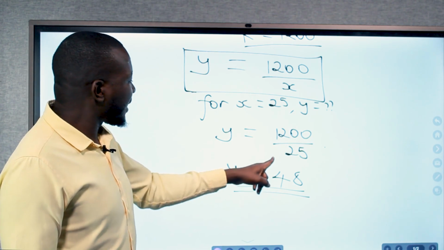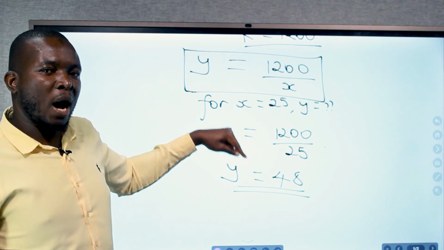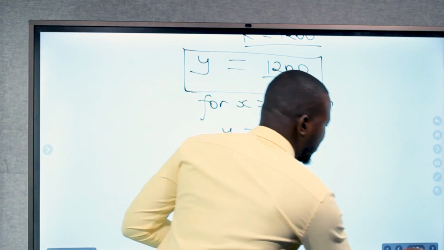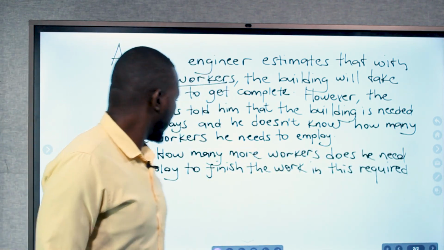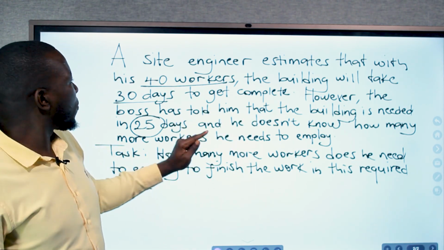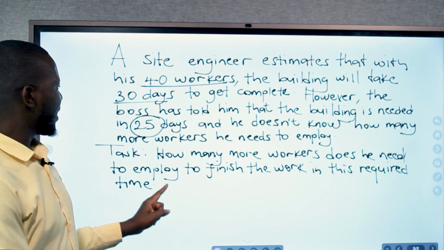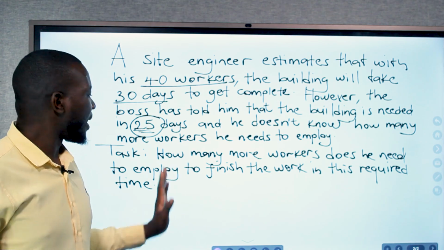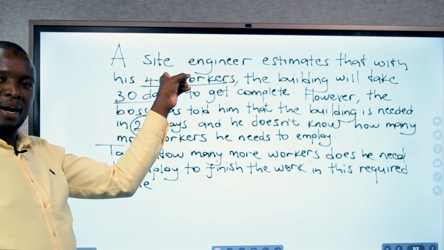But remember, y is the number of workers needed to complete the work. So it means that 48 workers will complete this job in 25 days. But the question wanted to know how many more workers he needs to employ to finish the work. Remember, he is already having the 40, but these 40 are not going to be enough according to the number of days that the boss wants. He has to add more workers on the 40 workers.